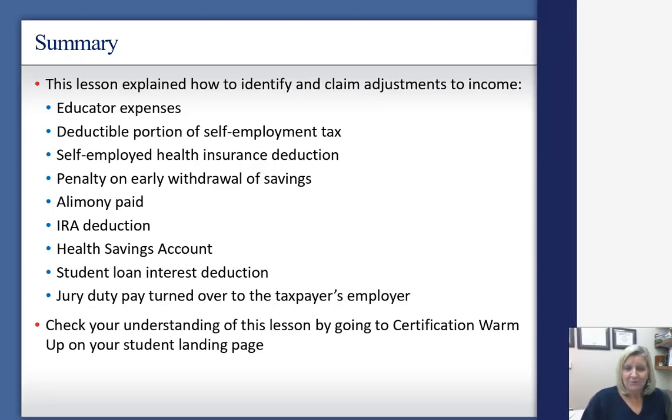If you've got a teacher, make sure you ask about those expenses, and if they've contributed to an IRA. Also note, it is traditional IRA deduction only. If they contributed to a Roth IRA, that is post-tax dollars, it's not deductible. So just make sure you're asking what type of IRA it was if they have contributed.